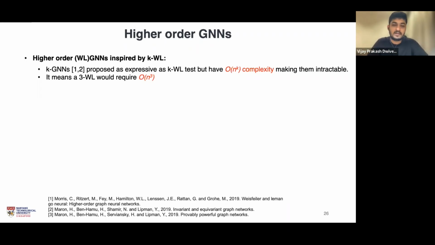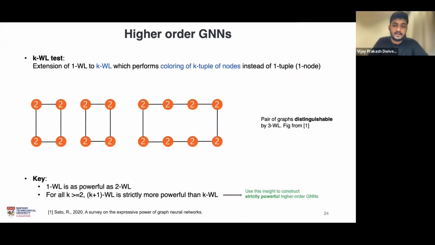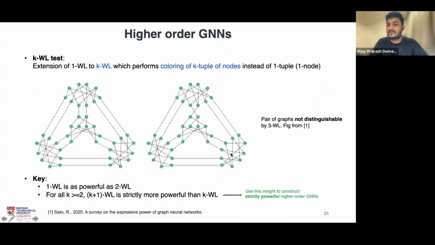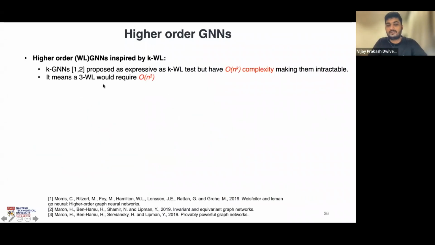So, for example, if you would need a 3WL, it would require n cube. If you see the example from the previous slide, even 3WL fails there. So if you want 4WL or 5WL, it will require complexity of n to the power 4 or n to the power 5. So this becomes intractable.